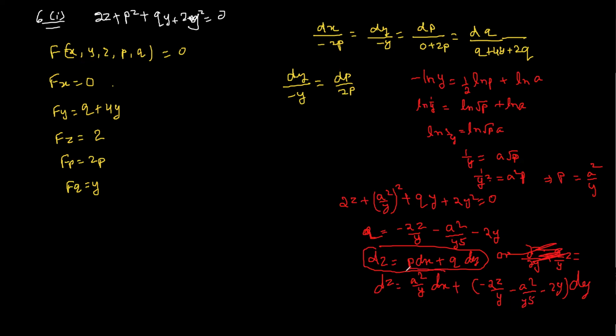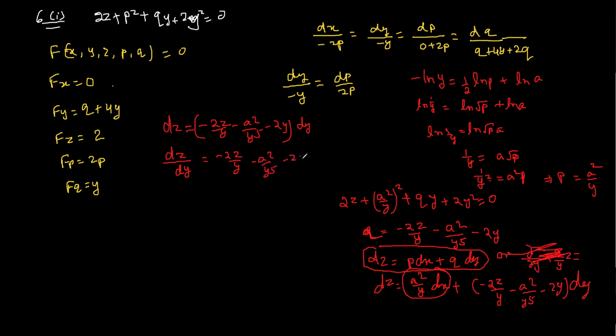See, this is a constant term. That's why you can eliminate this. So after this, you can get dz minus 2zy, divide by y on both sides.